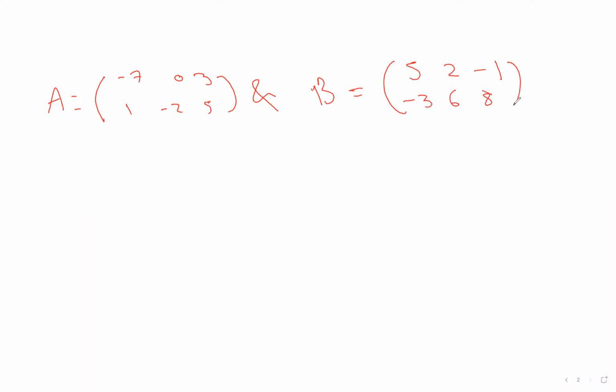مستر أنا عندي question. يعني هو هيجي كاتب لنا 5a أو يعني هيبقى كاتب لنا ال a equals كام؟ يعني for example دي example اللي عندنا a equals negative 7 0 and 3 1 negative 2 and 5, and another matrix which is b equals 5 2 negative 1 negative 3 6 and 8, and we need to find a plus b.